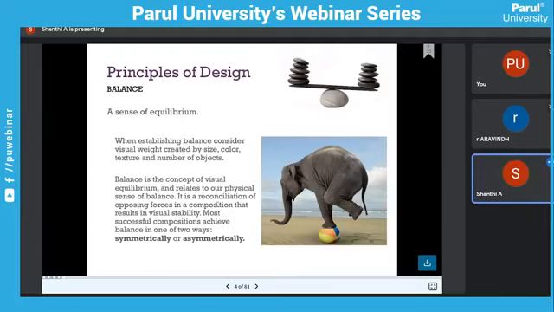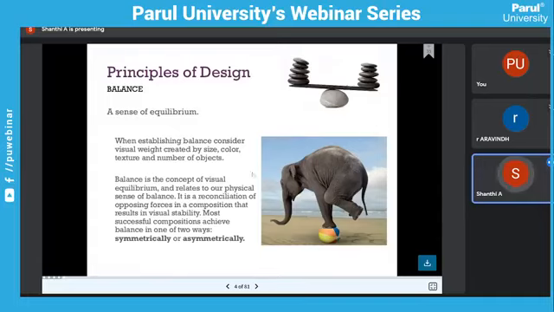But the problem here is, when we divide this, we cannot find the same shape or same amount of image present here. We cannot divide this equally, because this has a different portion and this has a different portion. So when it is divided this way, this cannot be called symmetrical.